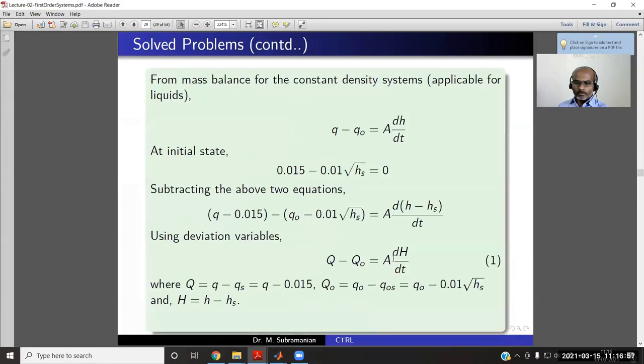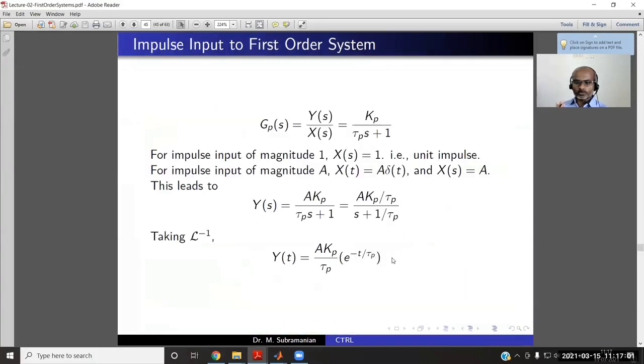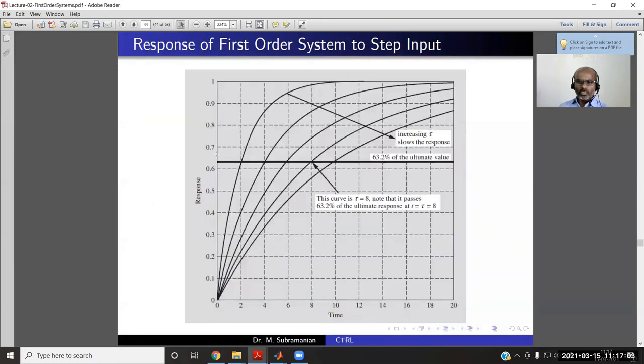We have already discussed this: if the time constant increases, the response becomes slow. See for example here, with increasing time constant, we have a slow response. This can be easily understood. Take a big thermometer and a very small thermometer, which will respond faster?